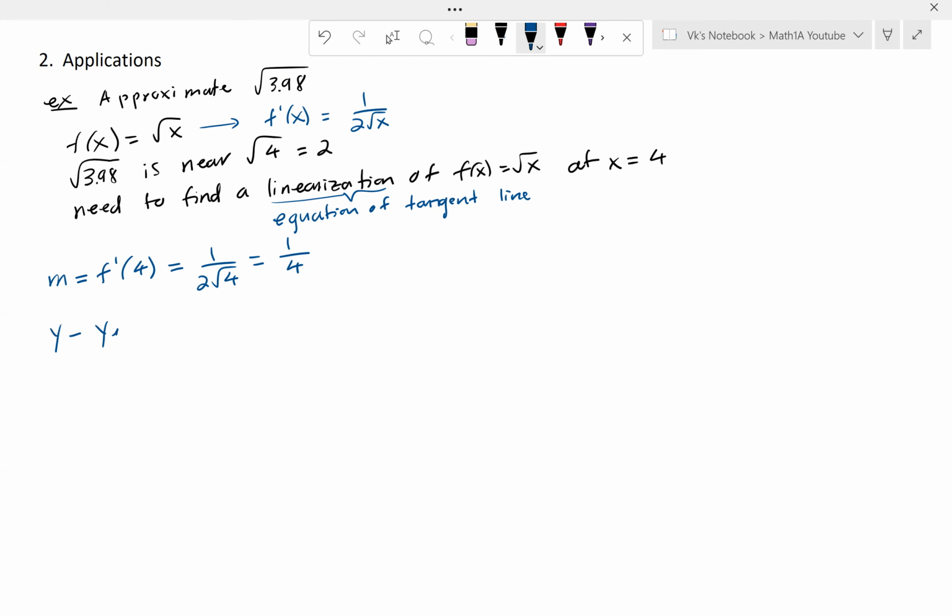y minus y1 equal m times x minus x1 is the equation of a tangent line. y1 is f of 4, slope f prime 4, x minus 4. So y minus f(4), which is root 4, equals 1 over 4, x minus 4.